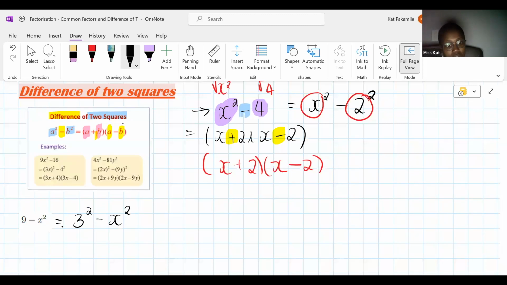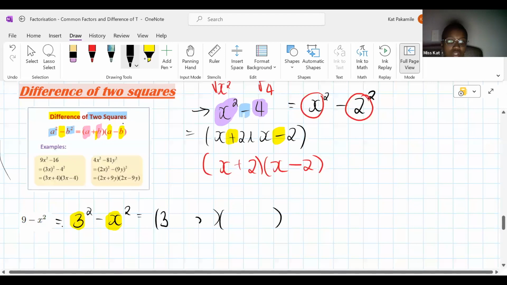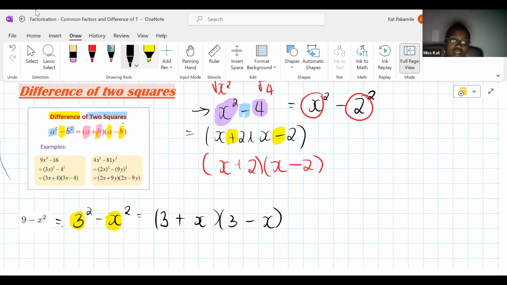So then my 2 brackets, we're going to use these bases: we have a 3, and we have an x. That's what goes into my two brackets. So it's a 3 and an x, a 3 and an x. One is a plus, one is a minus. It doesn't matter if you first write plus or if you first write the minus.